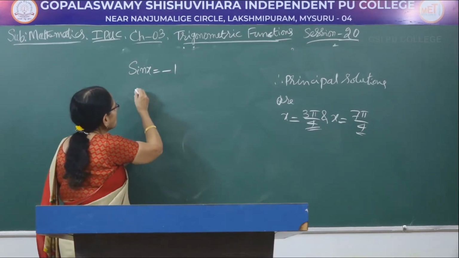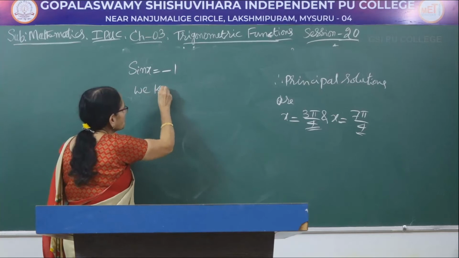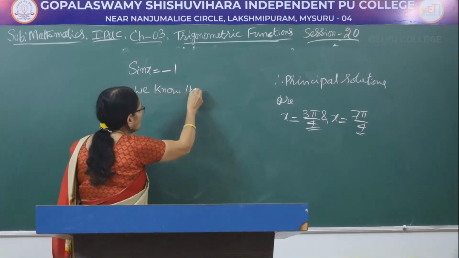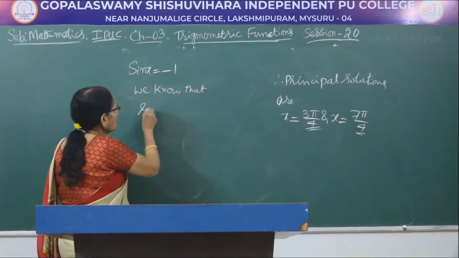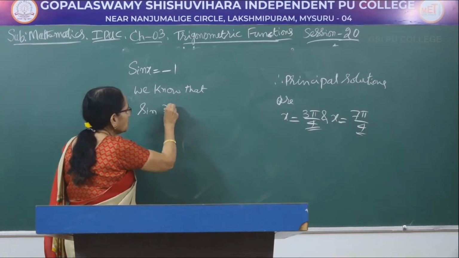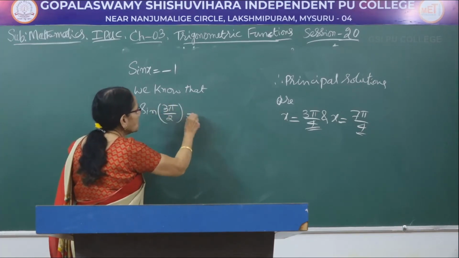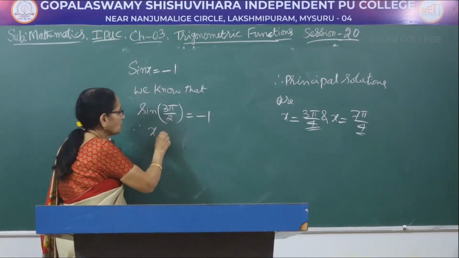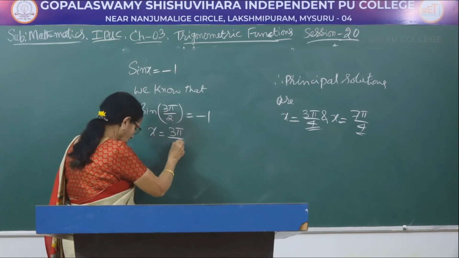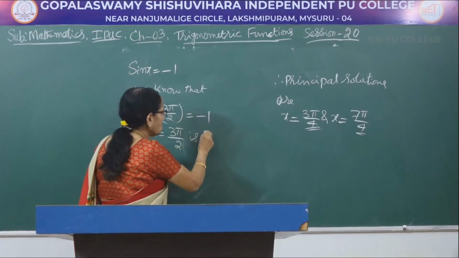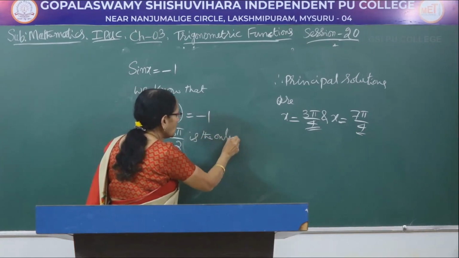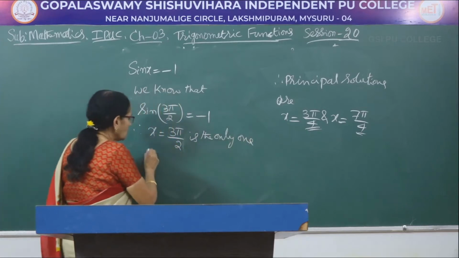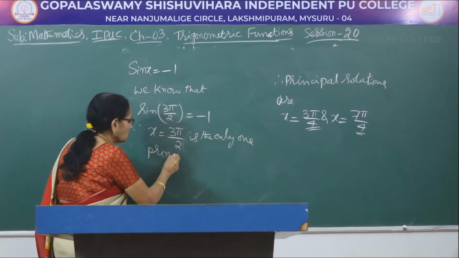So, you write that one. We know that sin of 3 pi by 2 is equal to minus 1. Therefore, x is equal to 3 pi by 2 is the only one principal solution.